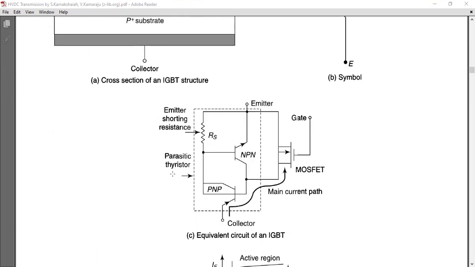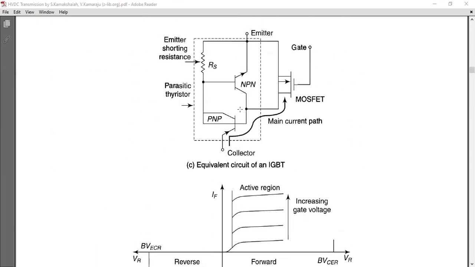If you see figure 2.15, in order to reduce the channel resistance to a small value, we are injecting a carrier density typically 100 to 1000 times greater than the N base.